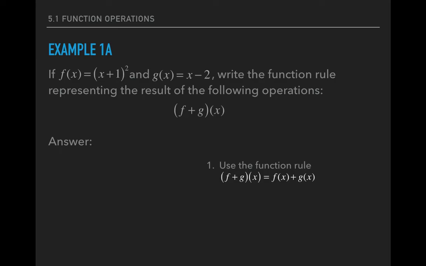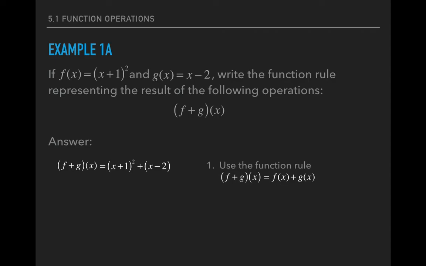We need to remember that that rule is really just the function f plus the function g. So we can rewrite this. f plus g of x is the same thing as our f function, which is (x plus 1) squared, and then add to that your g function, which is x minus 2.